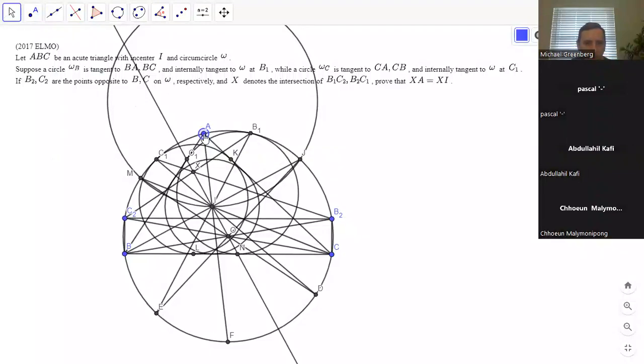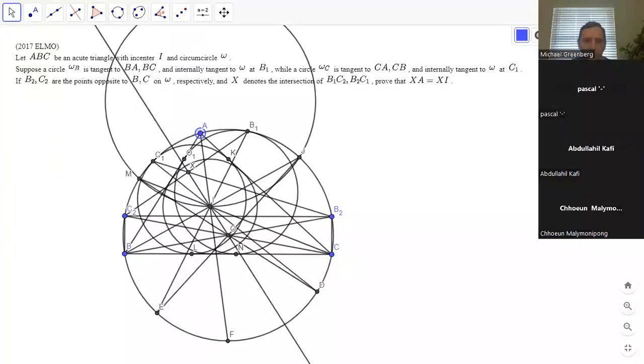Is that just Pascal's theorem? I'm not sure if it's that easy or not. I think it might just be Pascal's theorem on C1, C2B, and CB2, B1. Yeah.